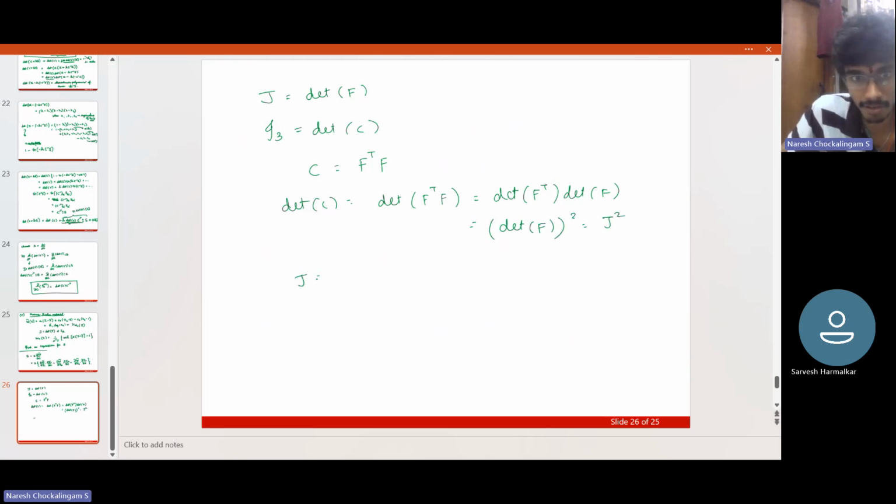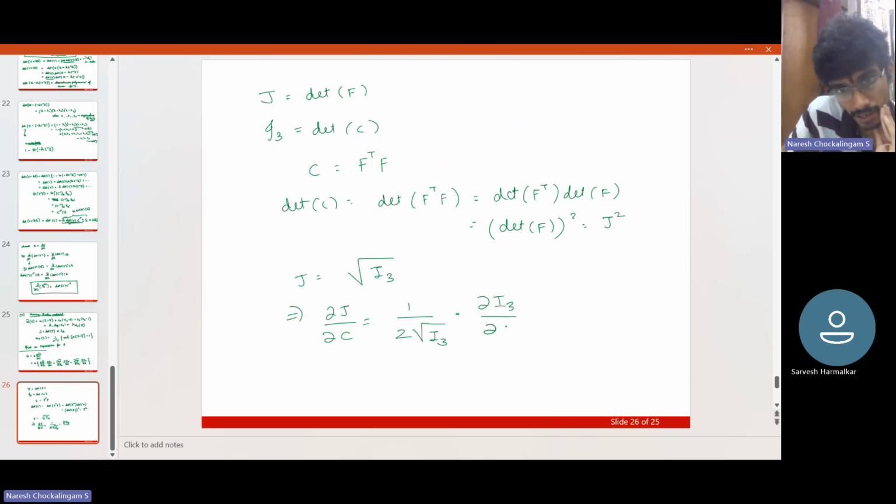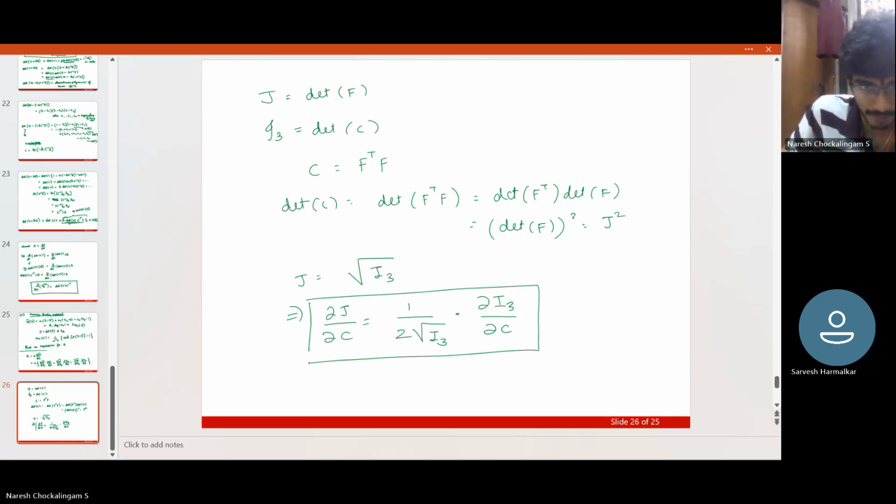So J is equal to square root of I3, which means ∂J/∂C is 1 by 2 square root of I3 multiplied with ∂I3/∂C. So let us have this relationship in mind.